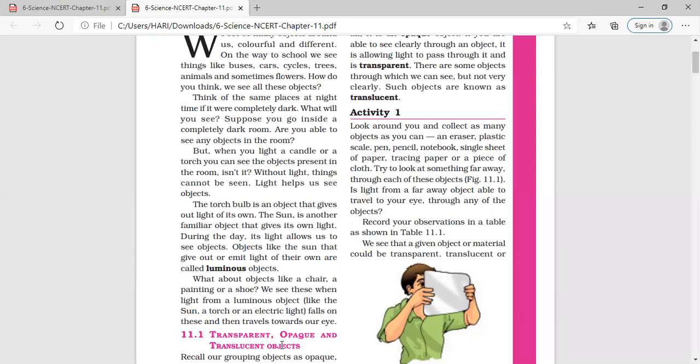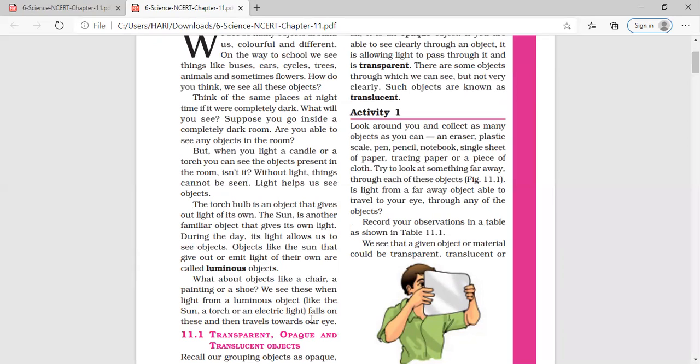Okay, children, I think you understood what luminous objects are. An object that can give out light, or emit light, or produce light, is called a luminous object. Now, what about an object like a chair, a painting or a shoe? We see these when light from a luminous object like the sun or the torch or the electric light falls on the object and travels towards our eyes.